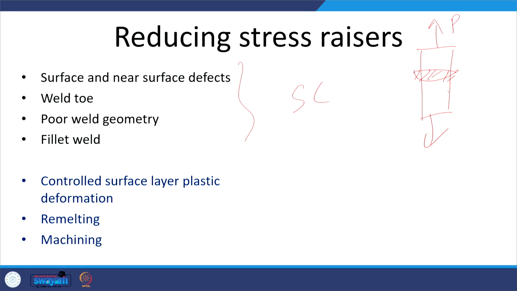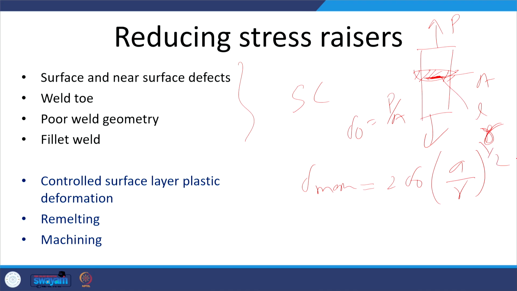For a given load P and the given load resisting cross sectional area A, we get the nominal stress P by A. But when we try to see the maximum stress in presence of a defect, say a defect of length L and tip radius R, then the maximum stress around the defect will be twice sigma naught times the square root of A by R. Here twice the square root of A by R is the stress concentration factor.